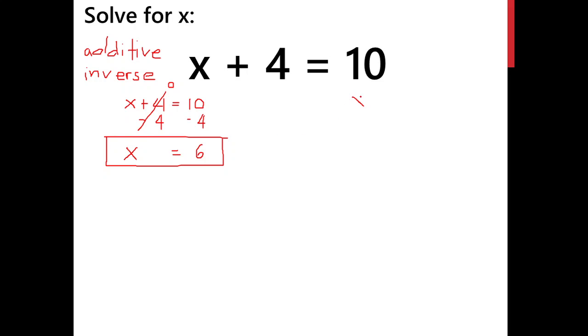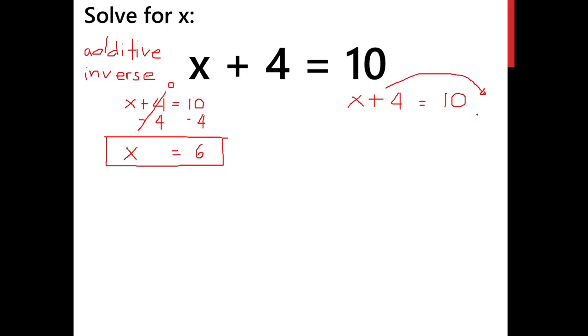So I'll write again the equation x plus 4 equals 10. Now again, the purpose of this one is to combine similar terms. Now how does the transposing method work? I'll simply transpose the constant here on the other side of the equation together with 10. So this is how it works.